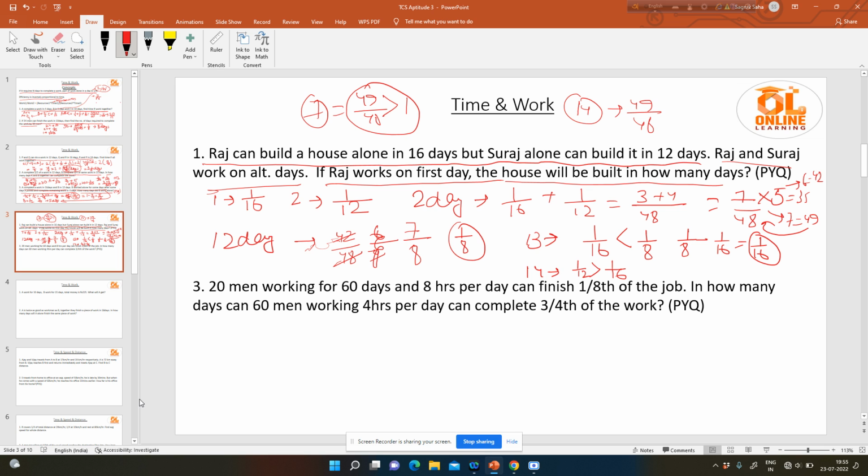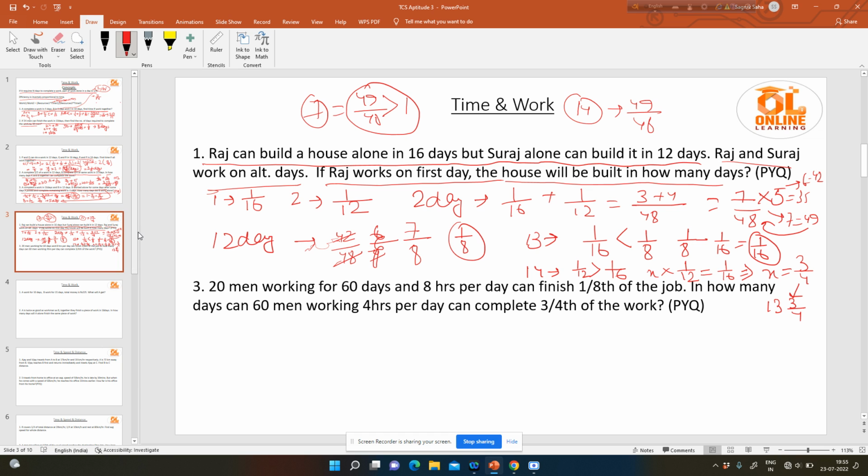So how much part of 1 by 12 is 1 by 16? We can take x as that part. To find it, we will take x into 1 by 12 is equal to 1 by 16. So if we solve this, we will get x is equal to 3 by 4. So the total work will be completed in 13 3 by 4 days.